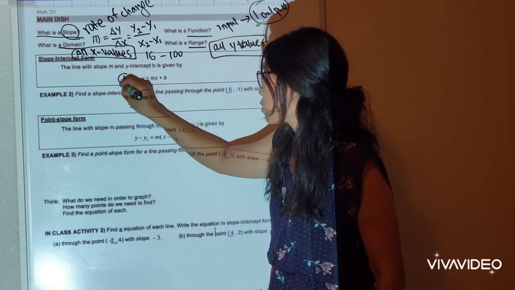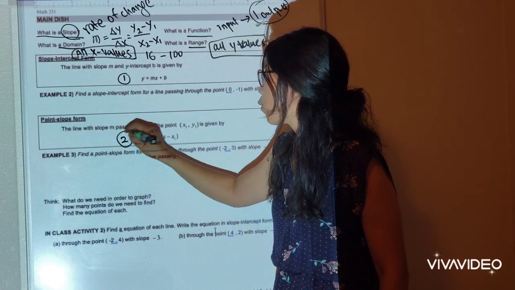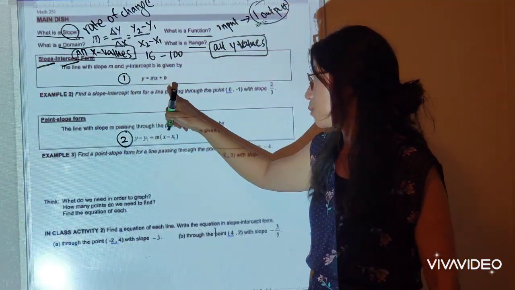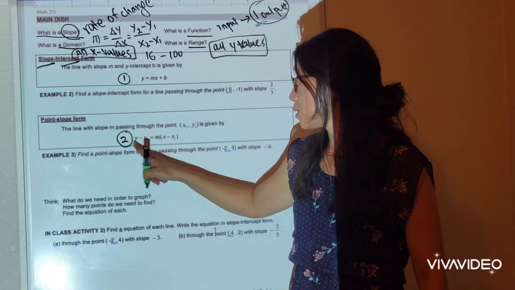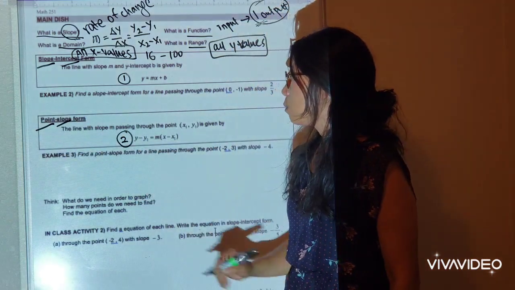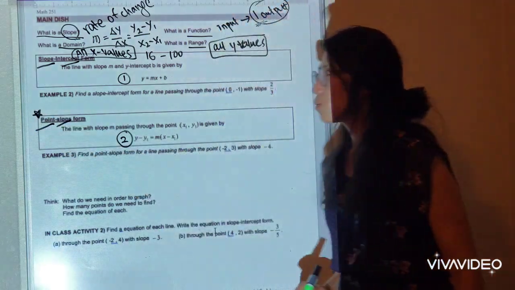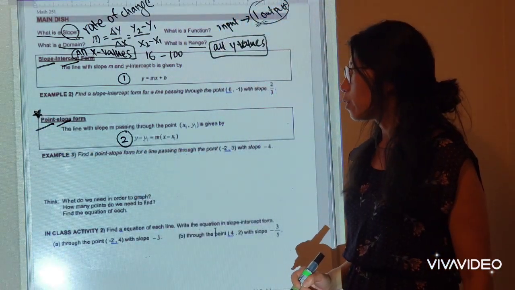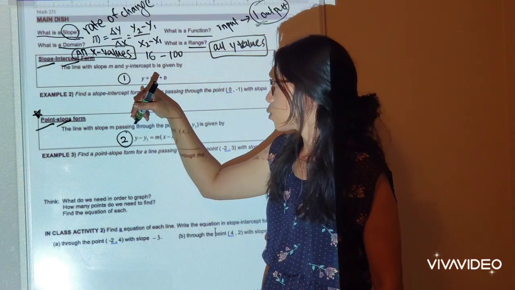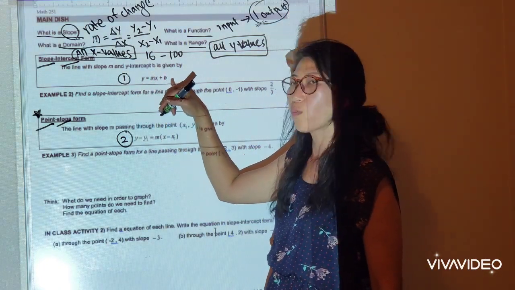The slope-intercept form we use when you know the slope and intercept, and the form is mx plus b. Point-slope form you use when you know a point and the slope. But all the time, you can actually use point-slope form, it will work 100%, but it will just be faster to use slope-intercept form if b is the y-intercept.